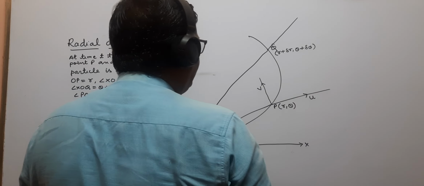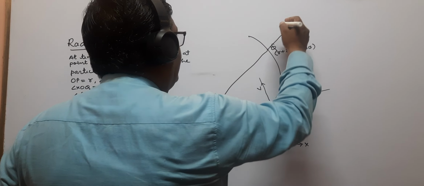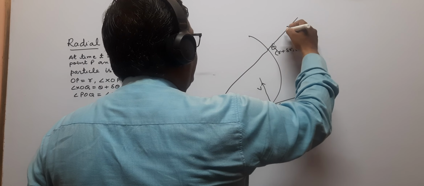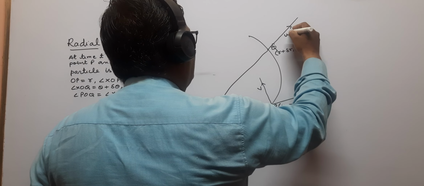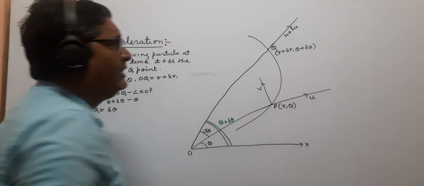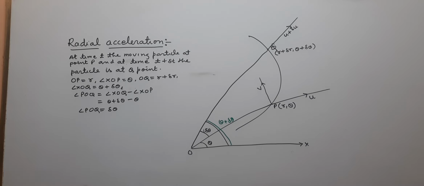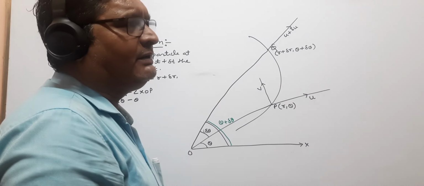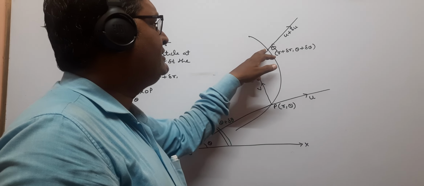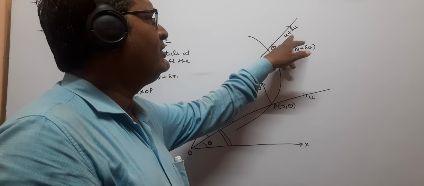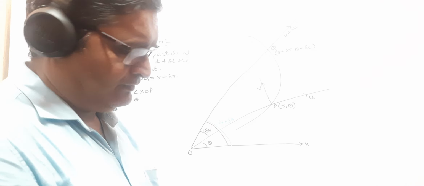Now we take the velocity along the radius vector OQ as u plus del u. We know that the velocity along the radius vector is called radial velocity, so the radial velocity at point Q along OQ is u plus del u.